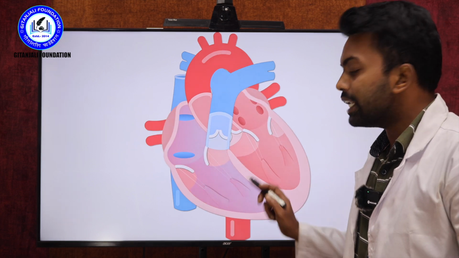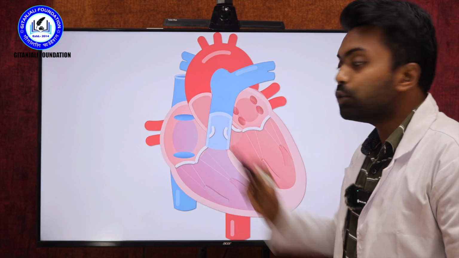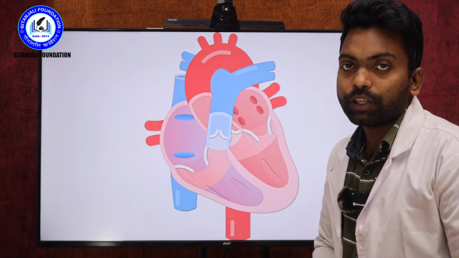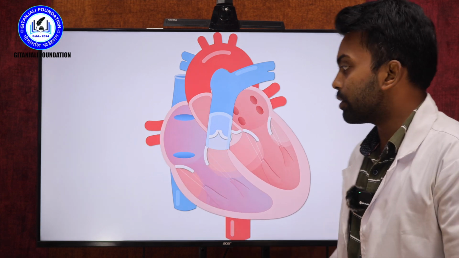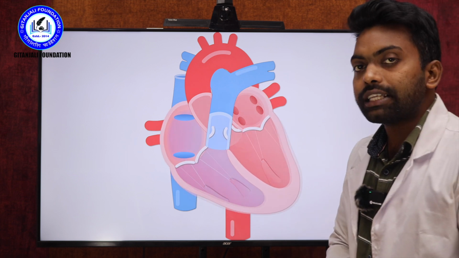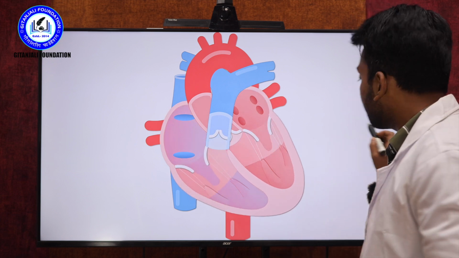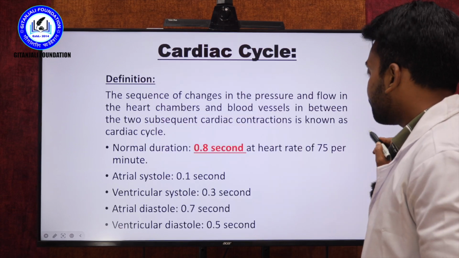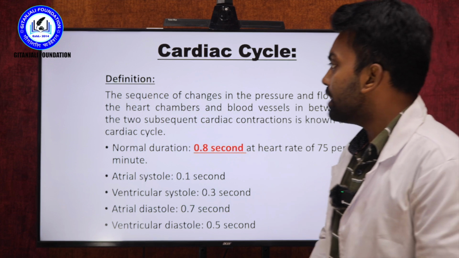When both ventricles relax, the upper two chambers go into diastole. It is a simultaneous process. By observing this picture, you can understand the exact meaning of the cardiac cycle, and you can see the definition here.